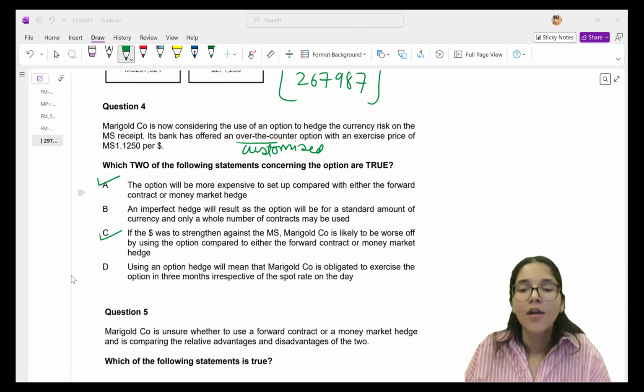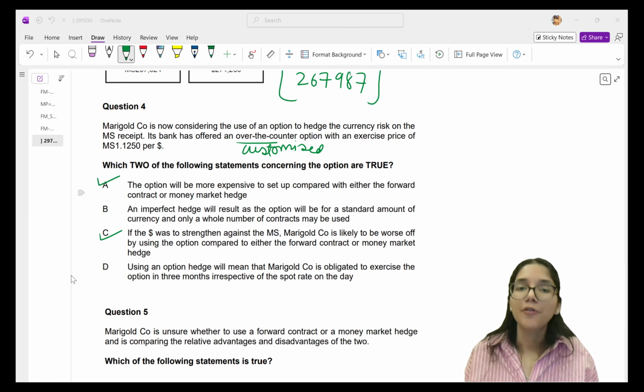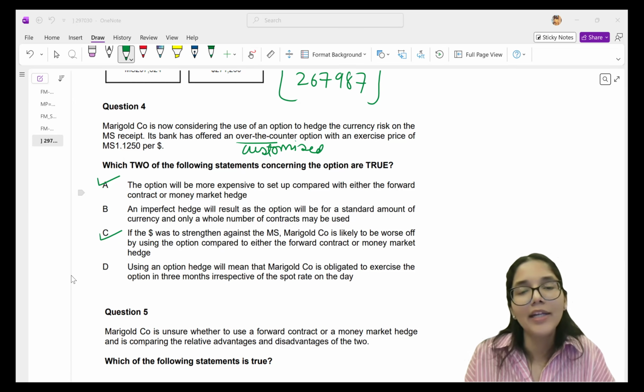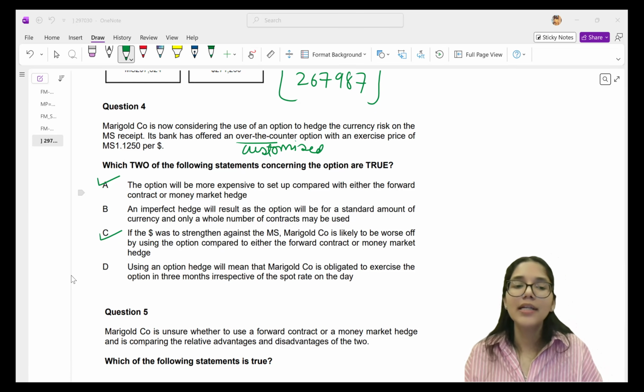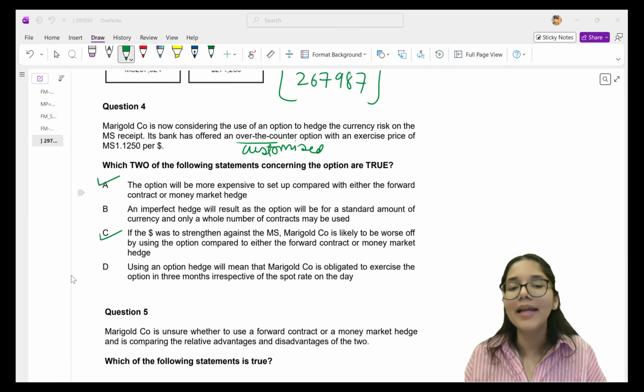So B is incorrect. Option C says if the dollar was to strengthen against the M shilling, Marigold Company would be worse off by using the option compared to either a forward contract or a money market hedge. Before we discuss the explanation for this one, we can very easily eliminate option D. How? Option D says that using options, Marigold Company will be obligated to exercise the options irrespective of the spot rate.